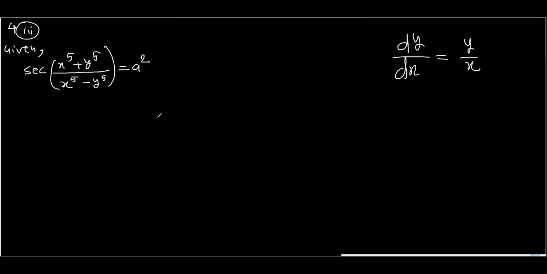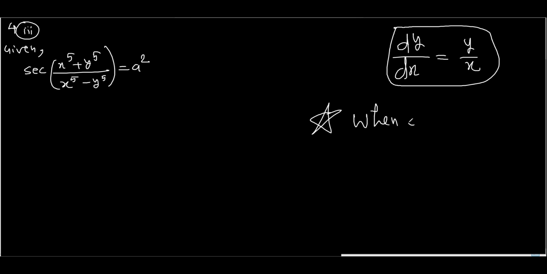Now see, students, be very alert and very attentive for the next few minutes. If I have to get dy by dx as y by x, one thing is sure: I'll have to differentiate. Now, it is all very important. The most important idea is when to differentiate, which step.